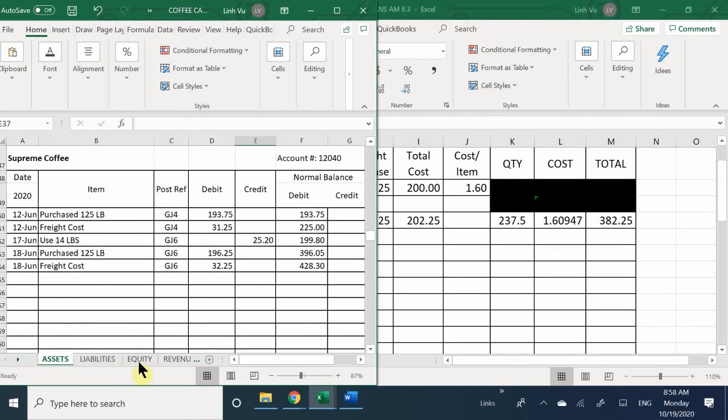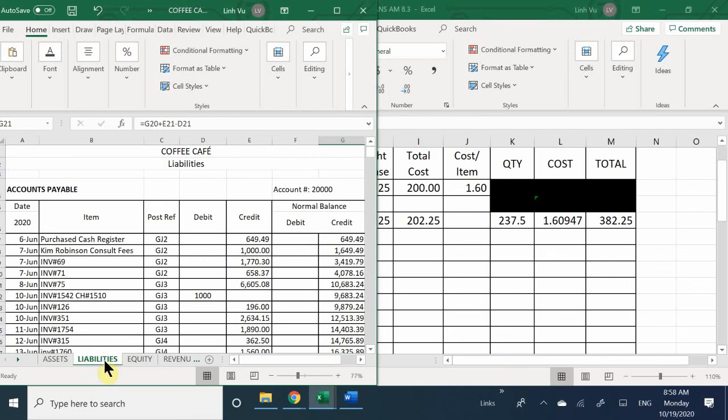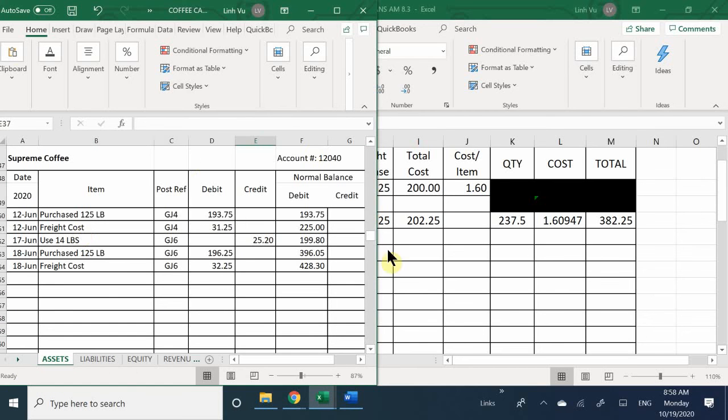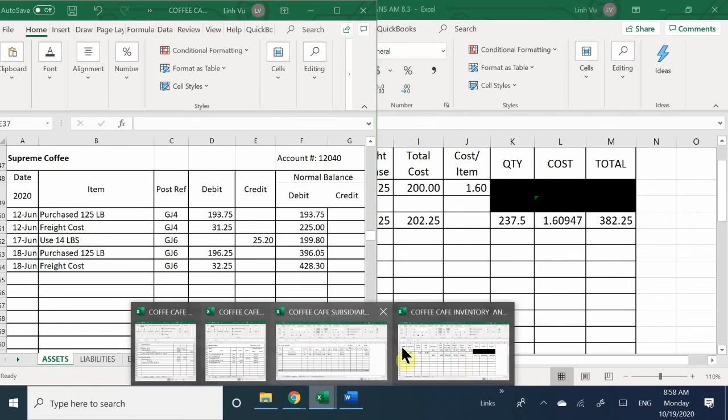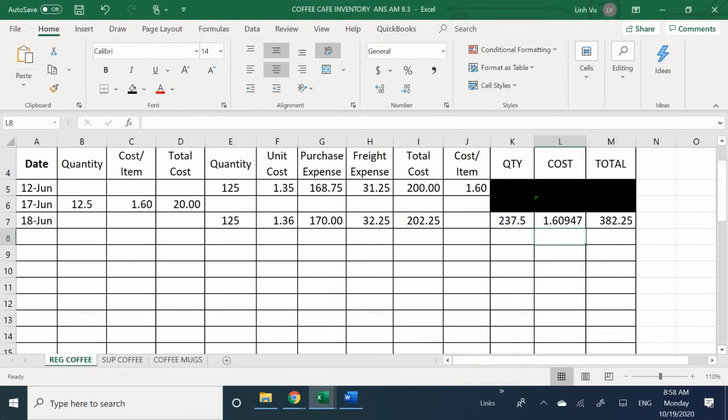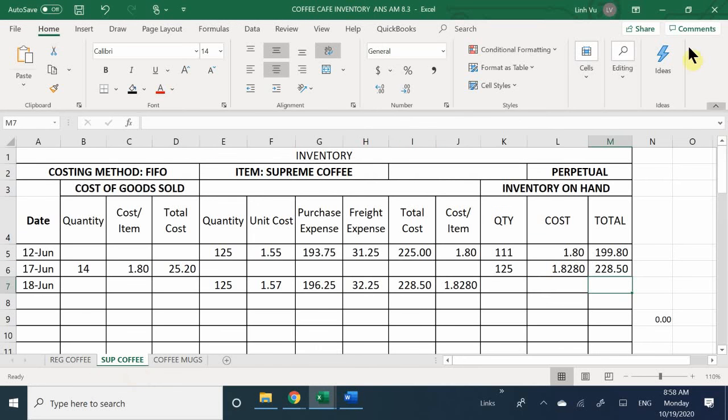All right, here we go, Supreme Coffee. Okay, I'm on the wrong one. So here, the Asset Supreme Coffee. When I go to my inventory worksheet, if you add these two together, they should equal 428.30. You can do so on the side if you like.